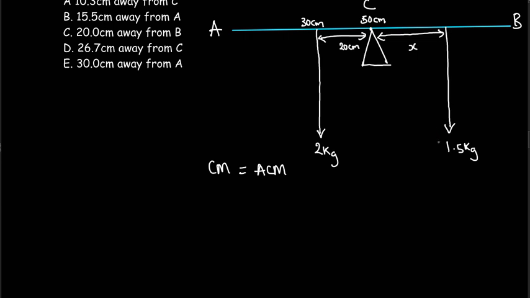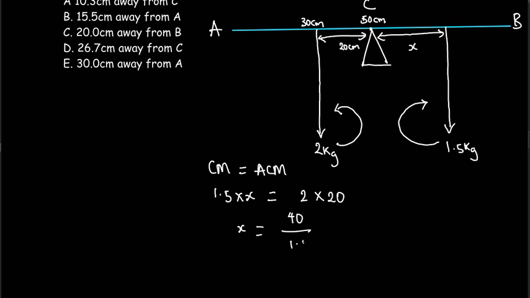Now, for the clockwise moment, we have 1.5 kg times its perpendicular distance from the midpoint. So 1.5 times x equals the anticlockwise moment, 2 kg times 20. Therefore, x equals 2 times 20 is 40, so 40 divided by 1.5.